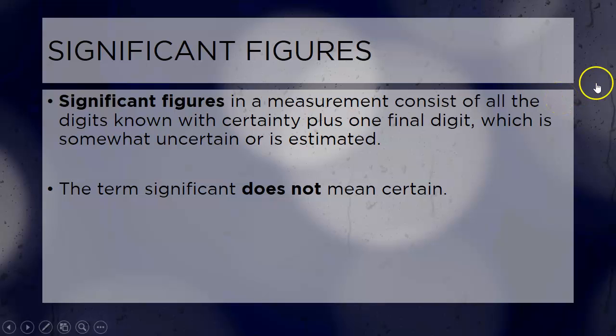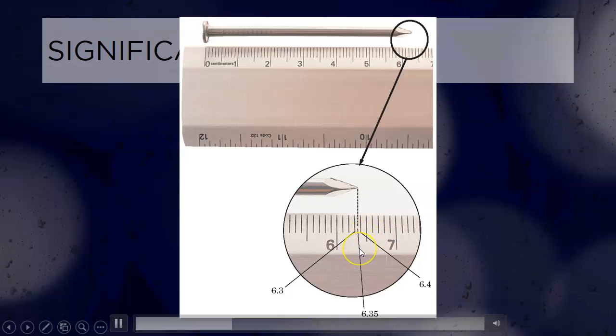If you look at this nail, we can all agree that the nail point is somewhere between 6.3 and 6.4, but it's the third number that we're not 100% sure about. For me, I think it's about splitting in between. I even think maybe a little bit to the right, or your partner might think that.